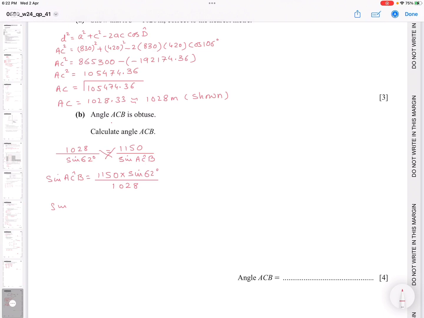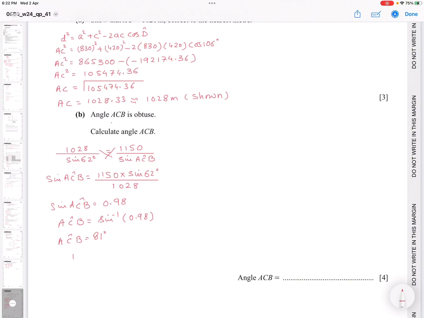Sine of ACB would be equal to 0.98, and ACB would be equal to sine inverse of 0.98, and your angle ACB is 81 degrees. But the question says angle ACB is obtuse, and this is not an obtuse angle, this is an acute angle.